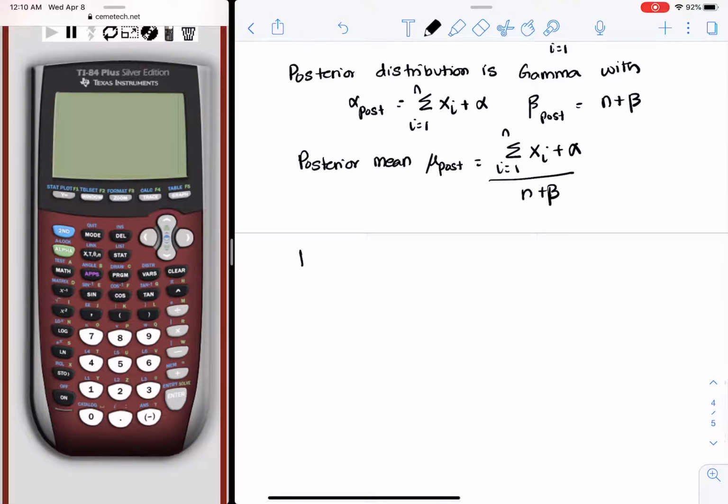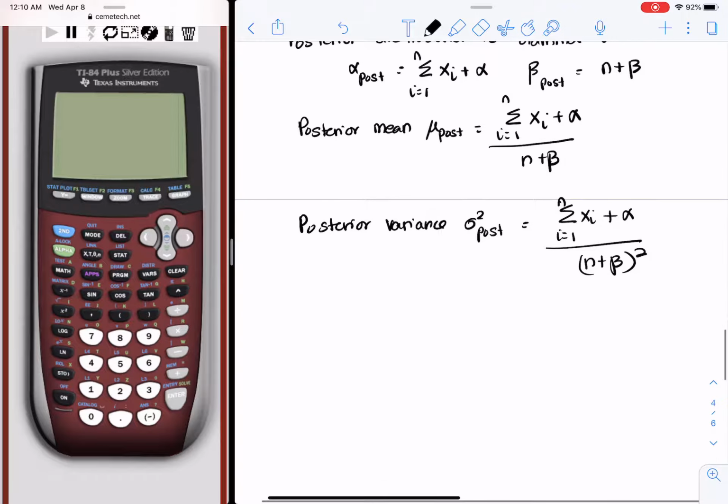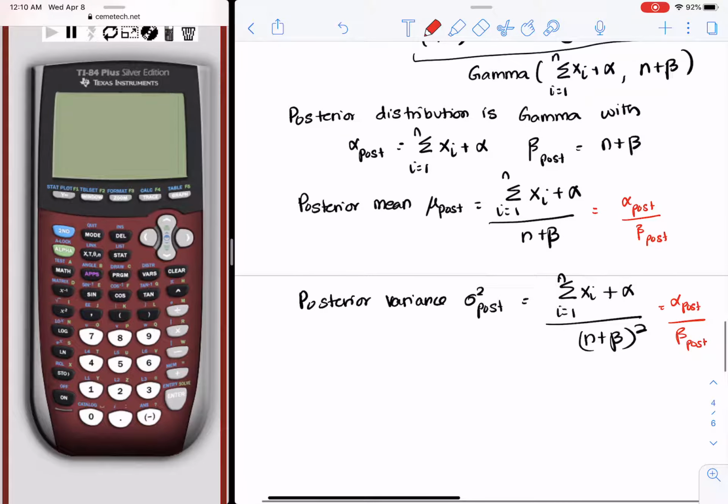And the posterior variance is the sum from i equals 1 to n of xi plus alpha divided by n plus beta squared. So we're simply dividing alpha post over beta post, because the posterior distribution is a gamma distribution.